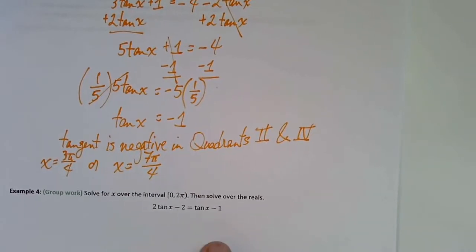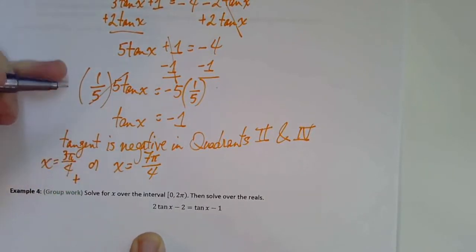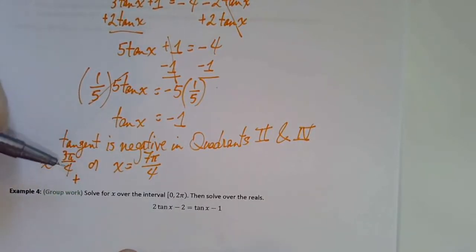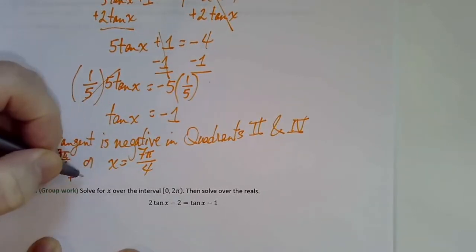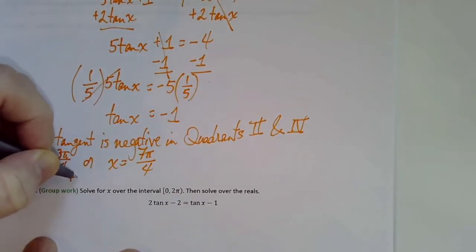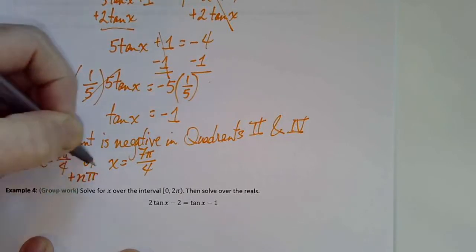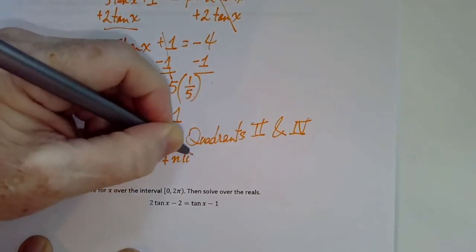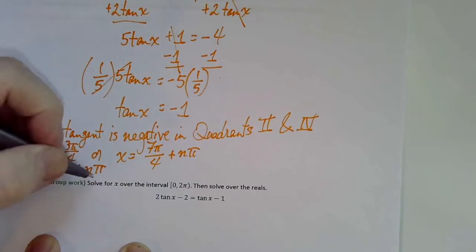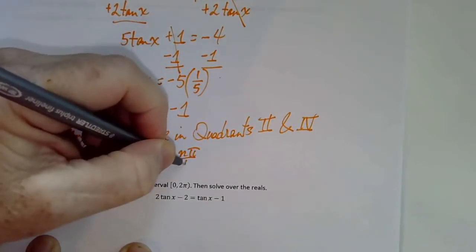To extend this to get the general solutions over all the reals, this time we're not adding 2n pi, we're adding n pi, because the period of tangent is just pi. It repeats every pi cycles. So I'm going to add n pi, and again I want to get a common denominator.